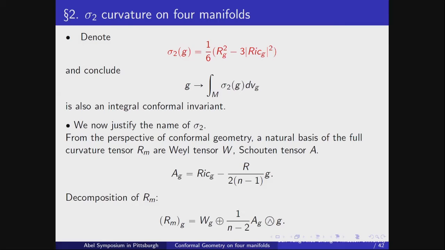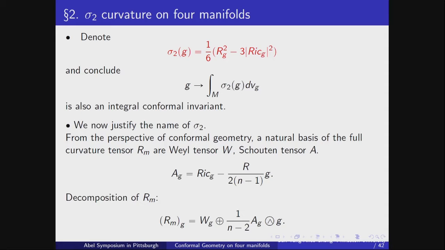Now let me justify the use of the symbol sigma 2. It turns out that there is another way to look at the Gauss-Bonnet formula, and that's using Cartan's notation. Cartan introduced something called the Schouten tensor.